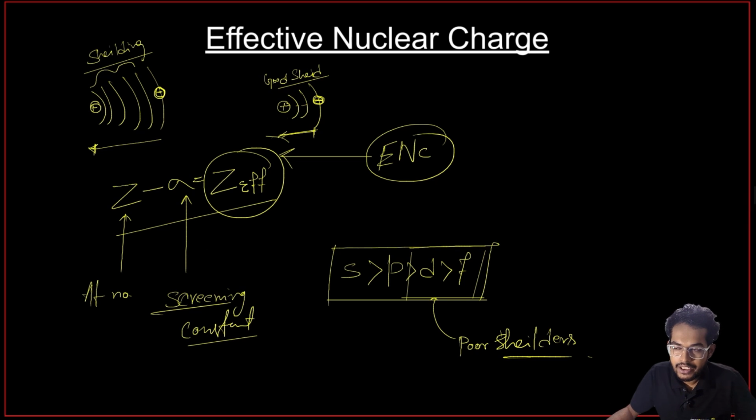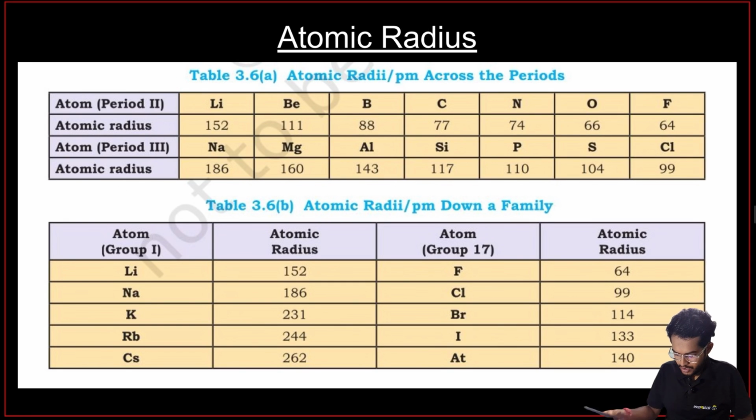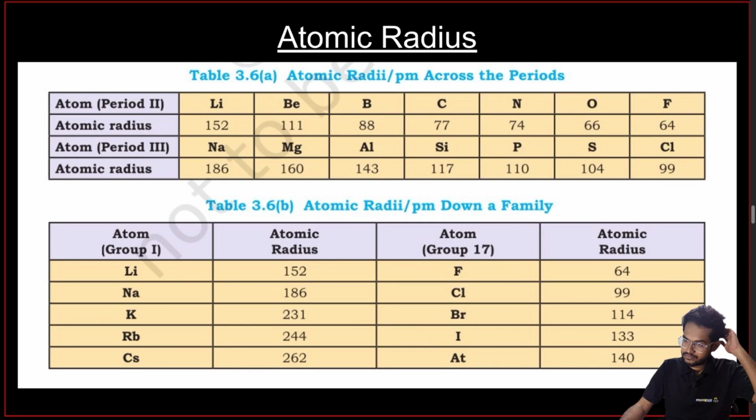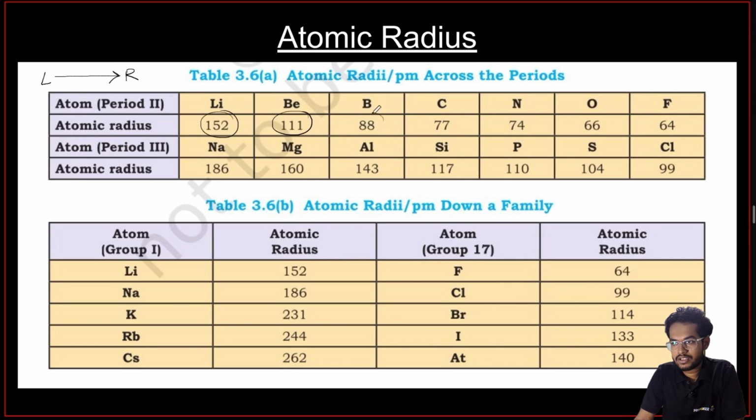Okay. So after that, the next topic is your atomic radius. As you might have known, as you can see in this table also, going across the period, from left to right, here is 152, here is 111, here is 88, 87. So we can tell that it is decreasing across that.